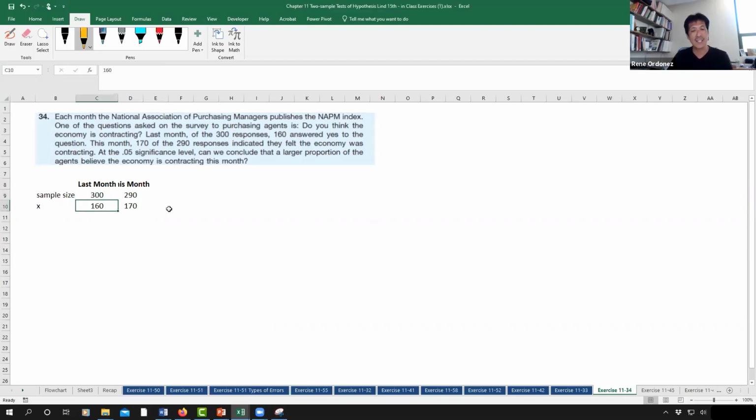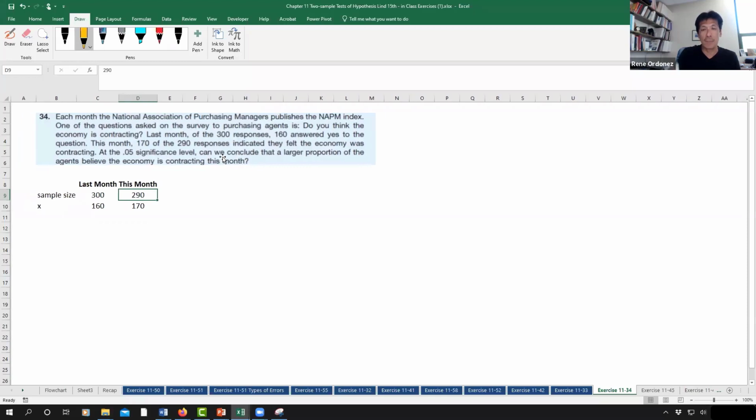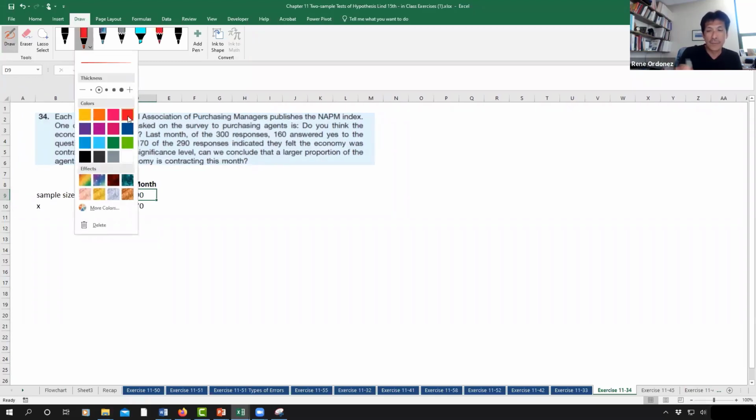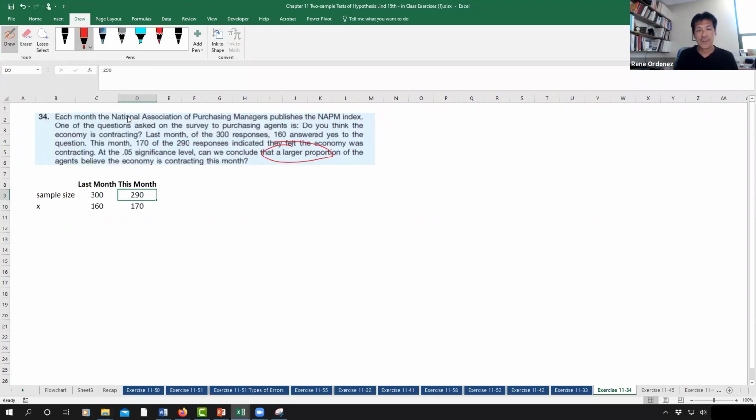This month, 170 of the 290 responses indicated they felt the economy was contracting. At the 0.05 significance level, can we conclude that a larger proportion of the agents believe the economy is contracting this month?